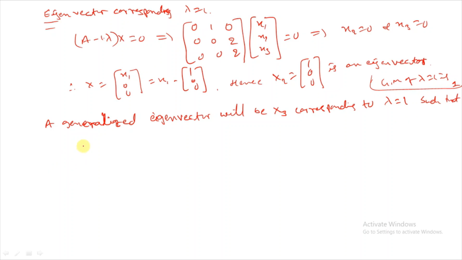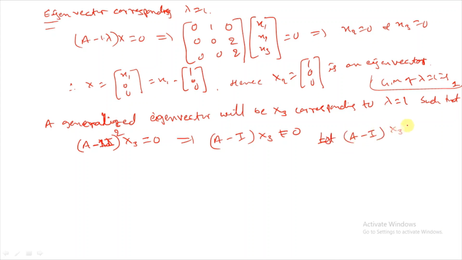We get (A minus 1 into I) x3 whole square equal to 0. Same as we know, (A minus I) x3 not equal to 0 for a generalized eigenvector. This implies (A minus I) x3 not equal to 0. Suppose we let (A minus I) x3 equal to x2.